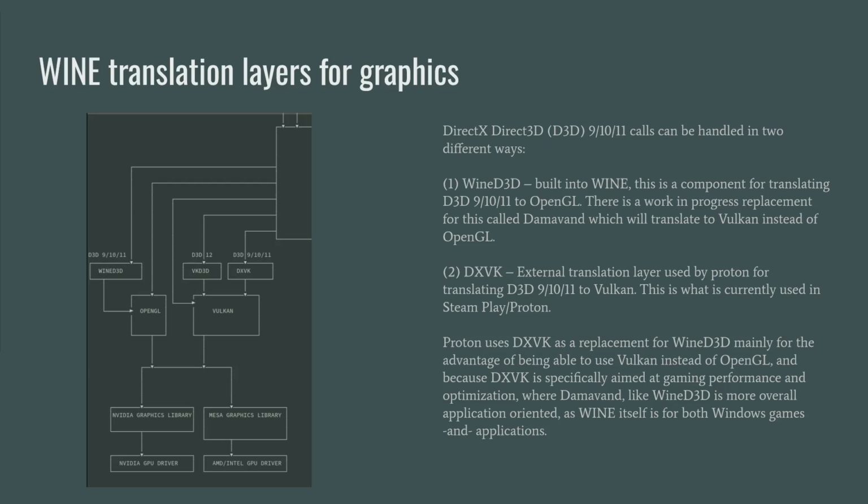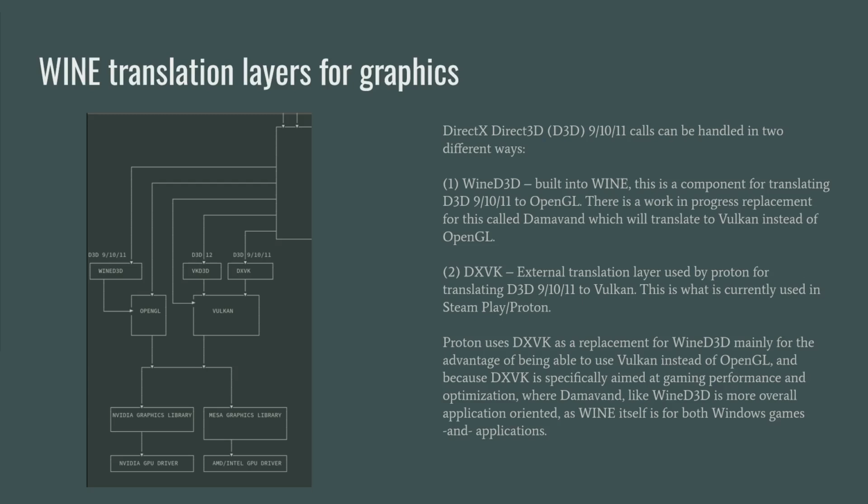DirectX 12 in specific is handled by VKD3D, which is the second portion, and we'll get to that in a moment. Proton uses DXVK as a replacement for WineD3D, as I said, mainly for the advantage of being able to use Vulkan instead of OpenGL. And because DXVK is specifically aimed at gaming performance and optimization. I'll tell you a little bit about Damavand in a minute.